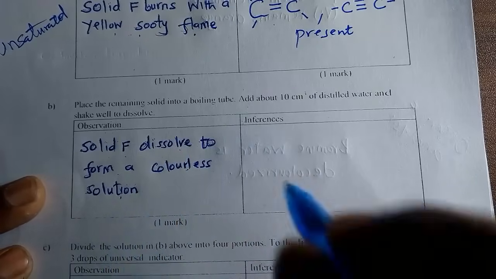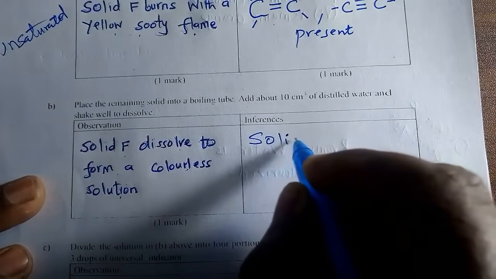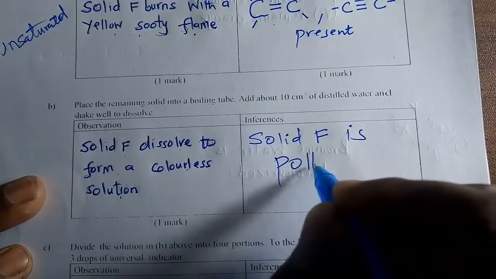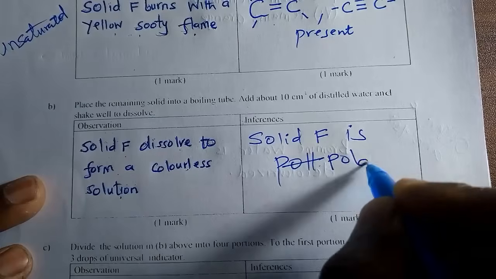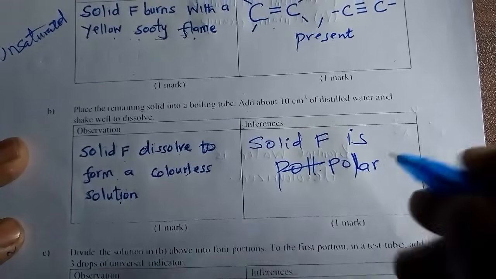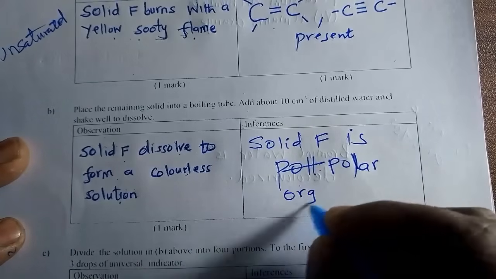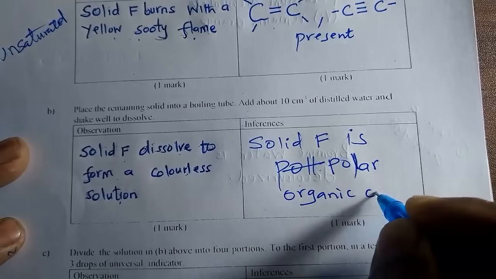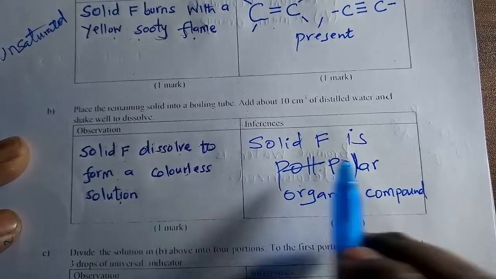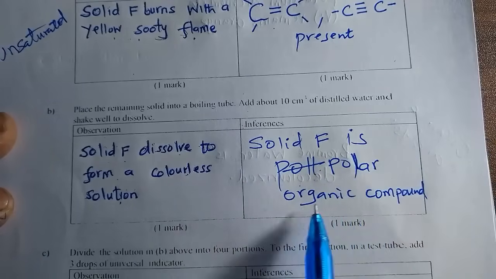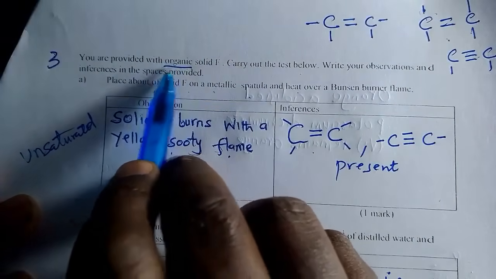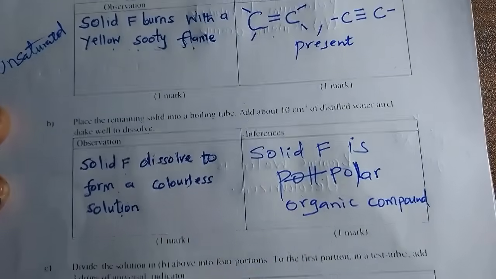So you say solid F is polar. Solid F is polar organic compound. You can even add that, but it is not necessary. You can just write polar, organic polar. Why am I including organic? Because I was told it is organic. But if they said solid F, although I'm dealing with organic, you simply write polar.